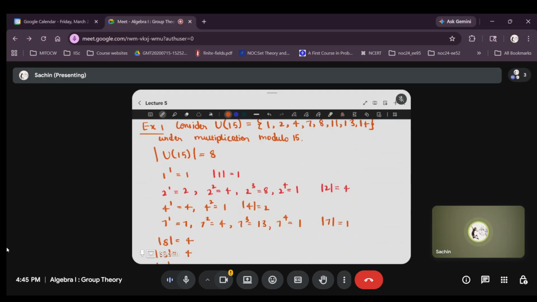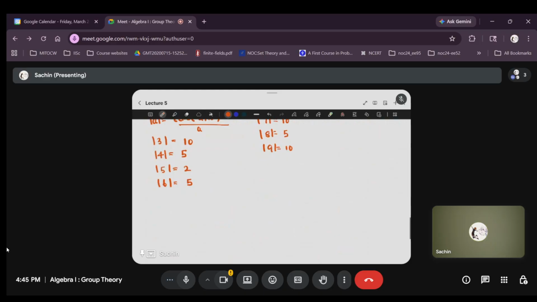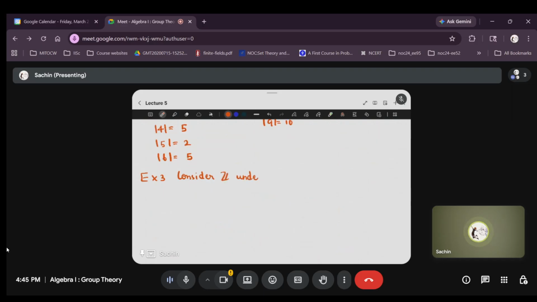Now, we had made a distinction between finite and infinite orders, which would suggest that there are groups where the order is not finite, and there are elements of groups that do not have a finite order. And the next example is one such example. This is simply the set of integers under ordinary addition.